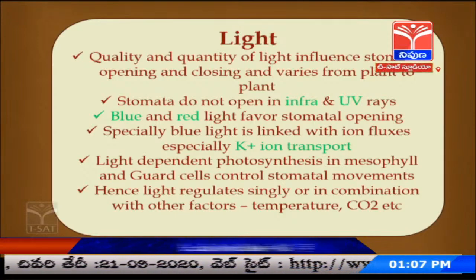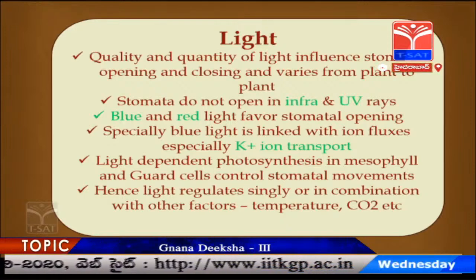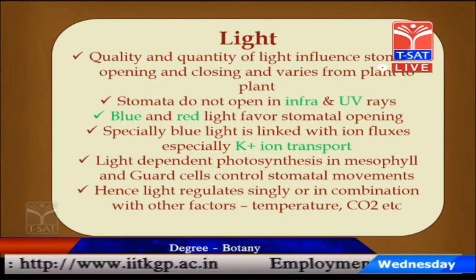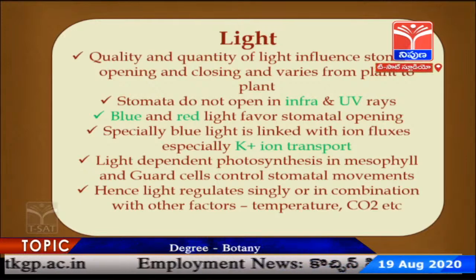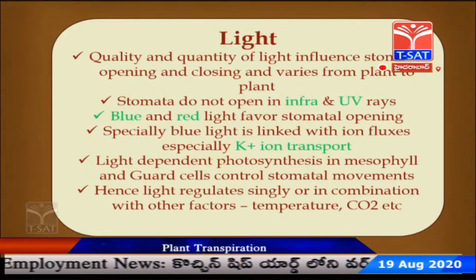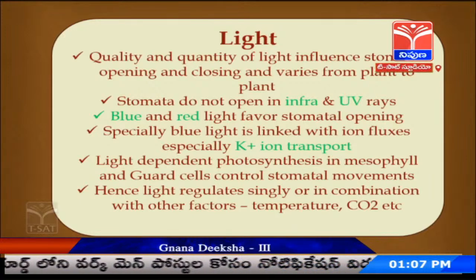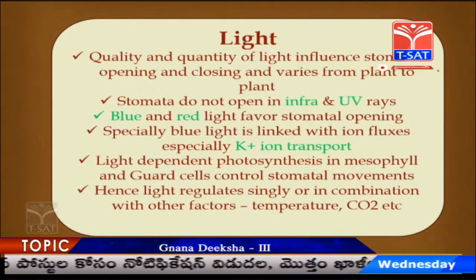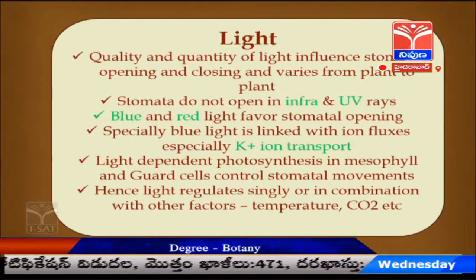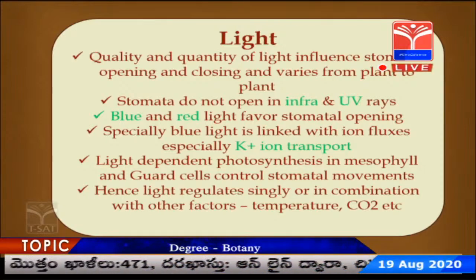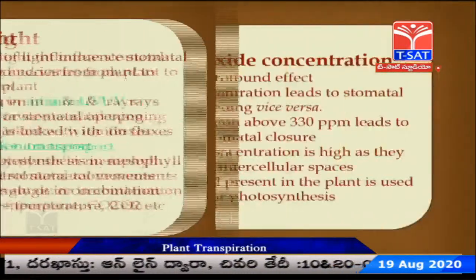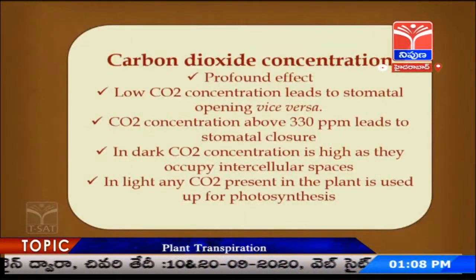The blue light favors it because it links with the potassium ion transport channel. Not only that, we know that light is essential for photosynthesis to occur in the mesophyll cells as well as in the guard cells. Hence, it plays a very predominant role in stomatal control. Okay. So, along with the light, other factors may help in stomatal opening and closing.